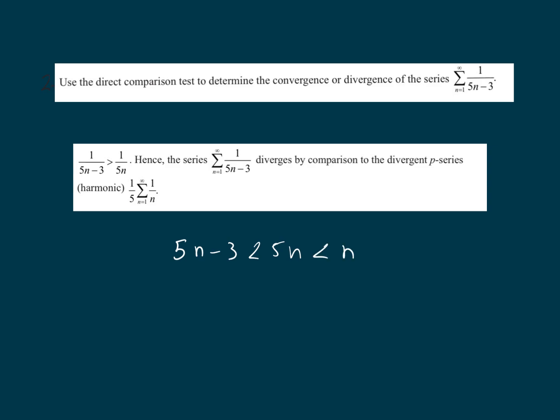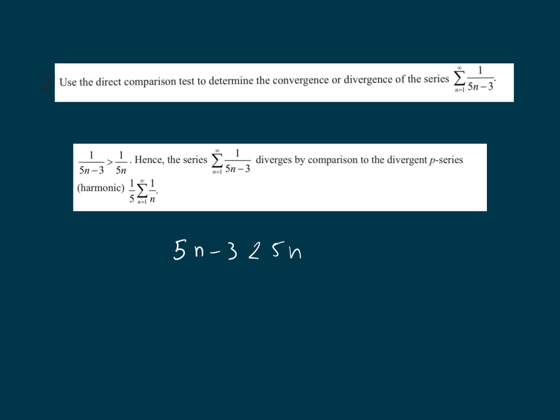Well, no, it's not true. For example, if n is 5, 5n is 25, and 25 is not smaller than 5.